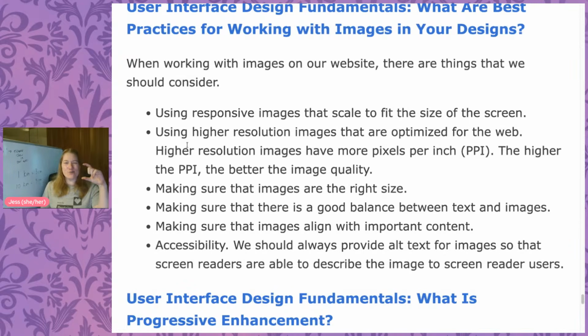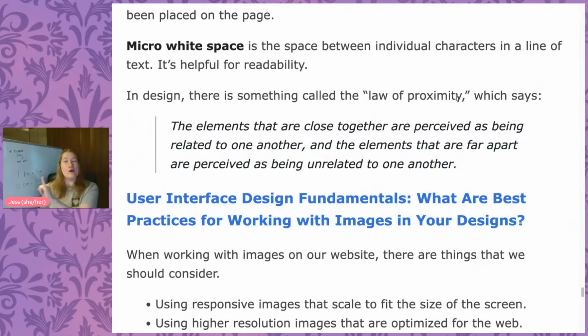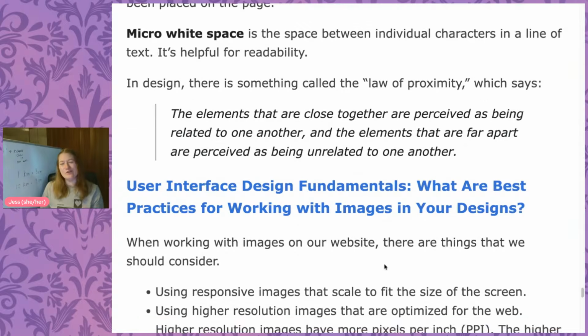Make sure that your images are the right size. Think about the balance between your text and images. Make sure that those images are placed alongside the important context. Make sure we try and follow that law of proximity with our images.